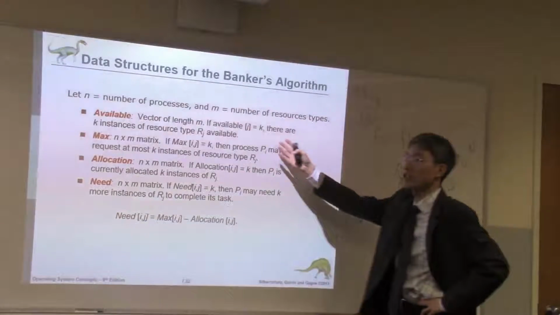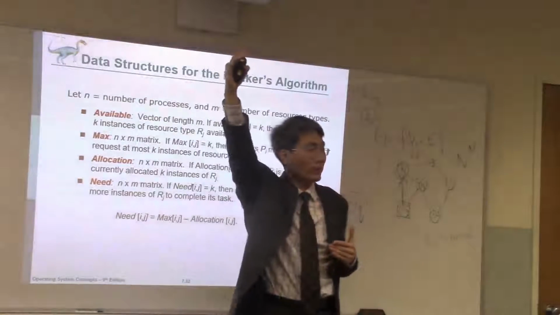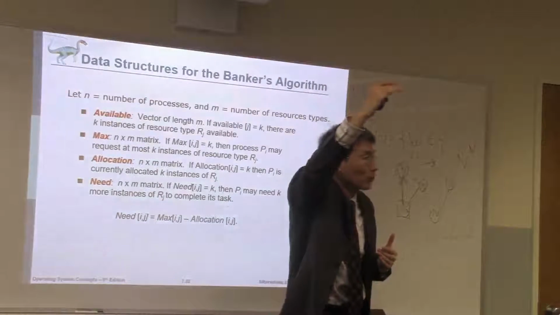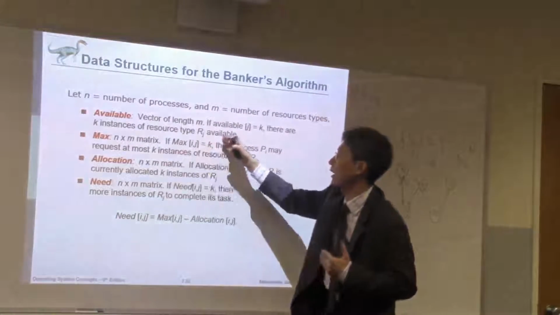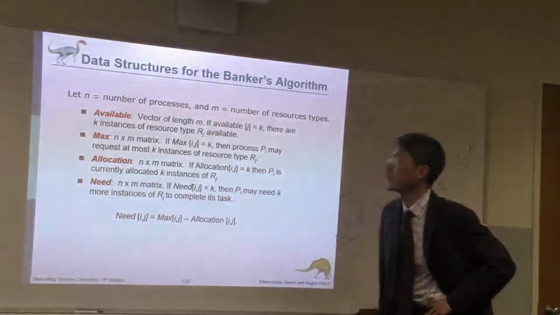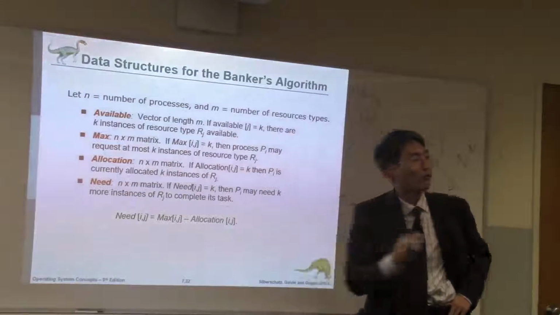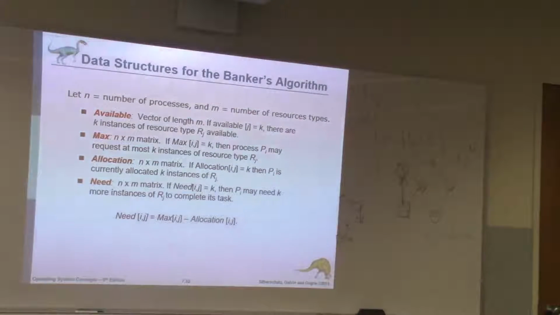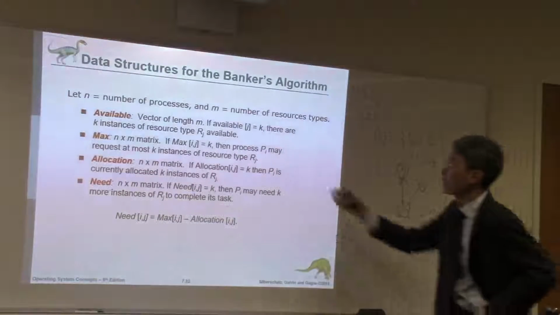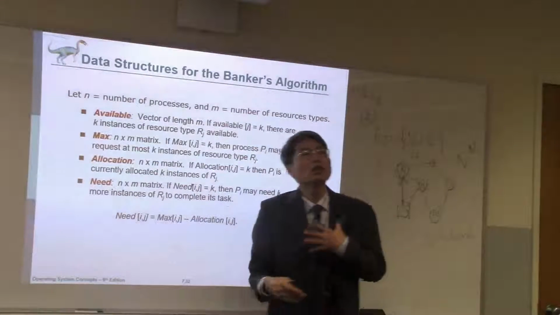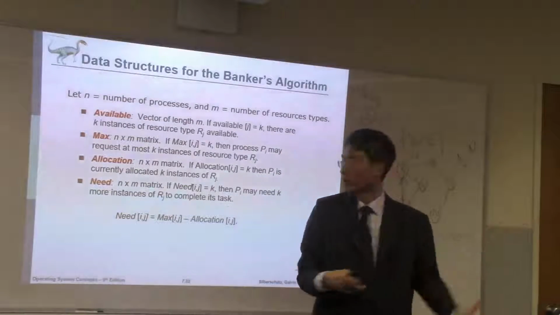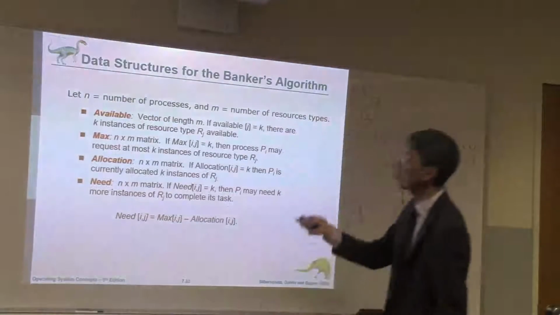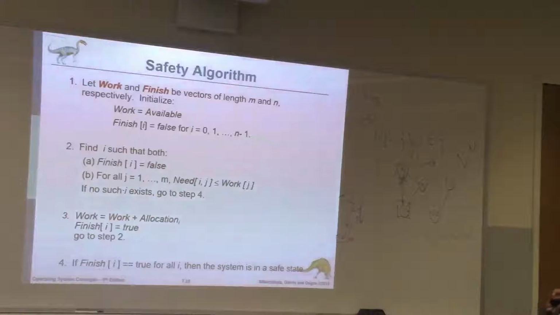Next is the total number of resource instances per resource type. Max is the maximum demand. Allocation is how many are currently allocated. And Need is maximum minus allocation: how many more instances are needed to terminate. We will see the example.